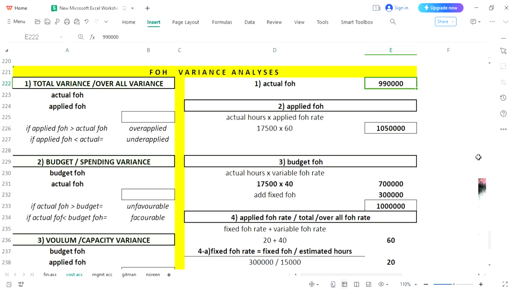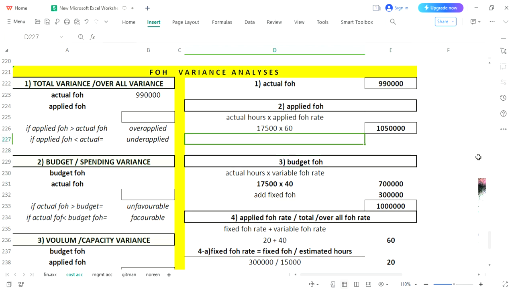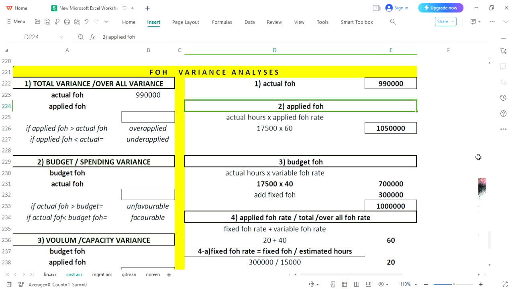Come over here to calculate your total variance. And how do you calculate? Look, first requirement is to see actual FH. Here you have already mentioned actual FH is 9,90,000. Put over here 9,90,000. Then you need your applied FH. Here come at second portion this way.